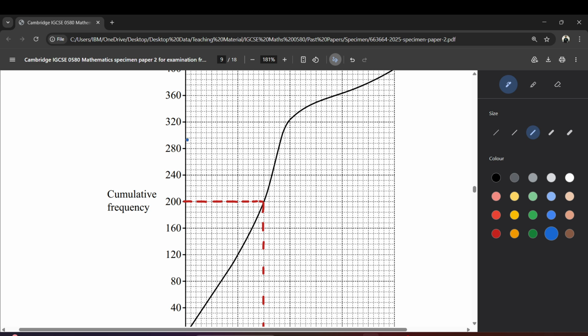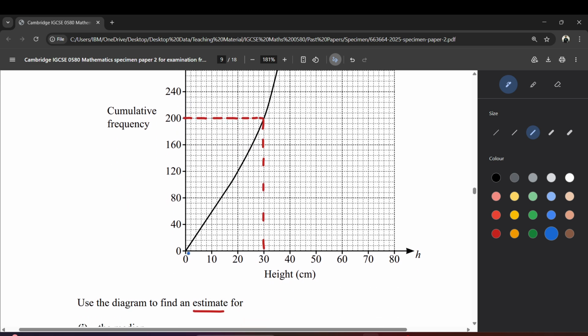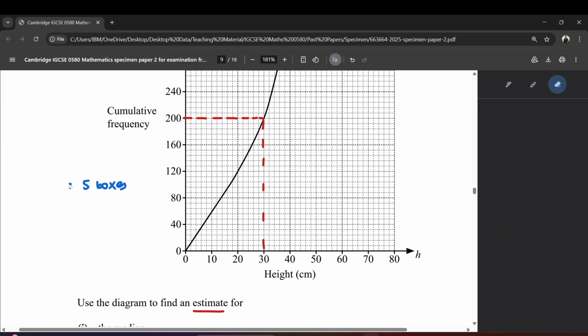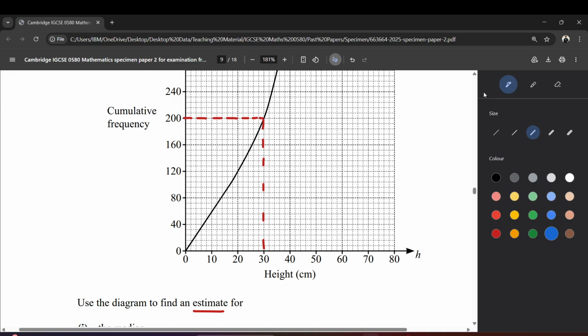Now I need to see what the scale on this axis is. So let's see. From 0 to 40, there are 5 boxes. So we know that 5 boxes represent 40 units.